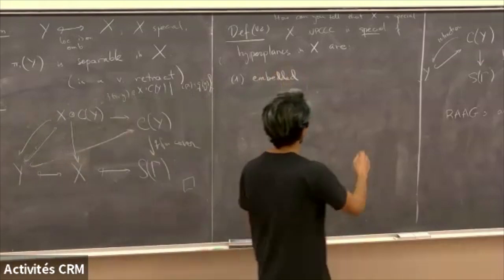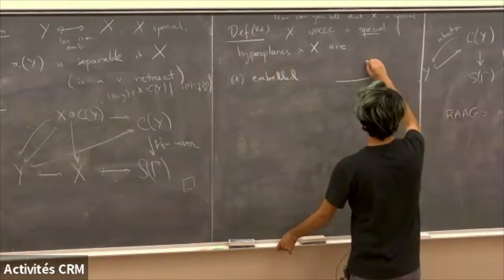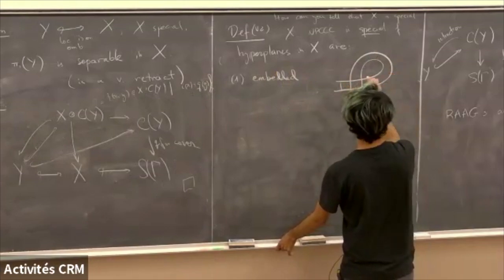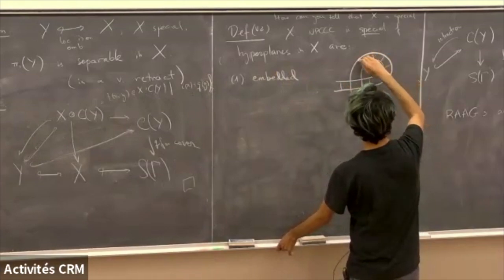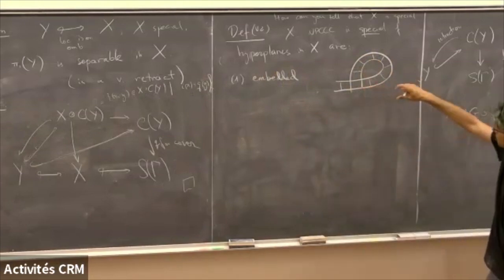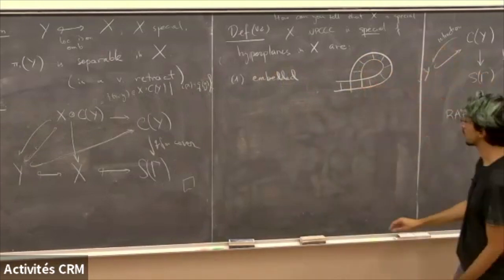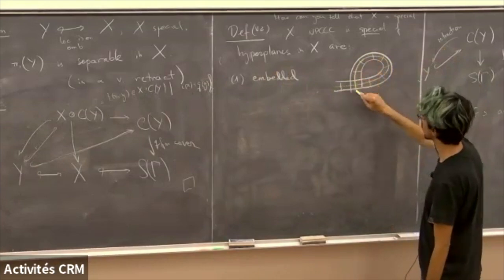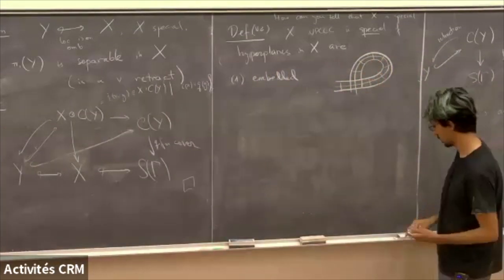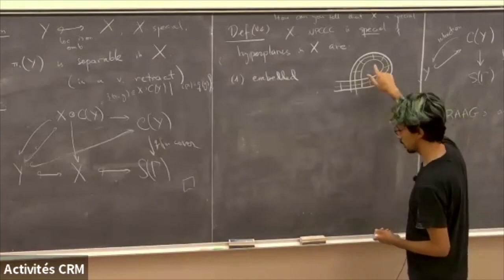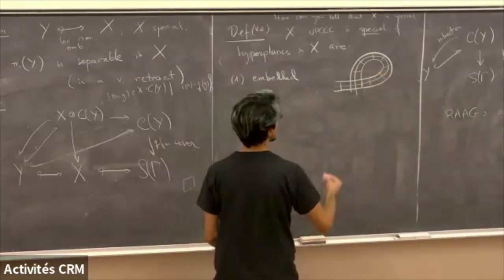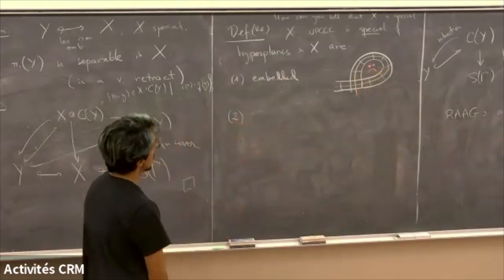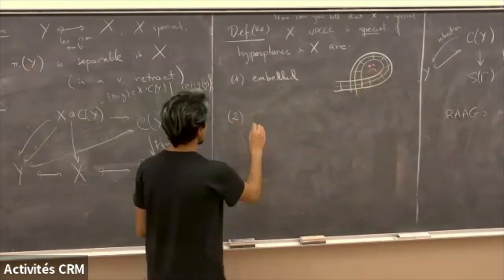So the picture to have in mind is a chain of squares that spirals around, and then the hyperplane here is not embedded. So this is not good.